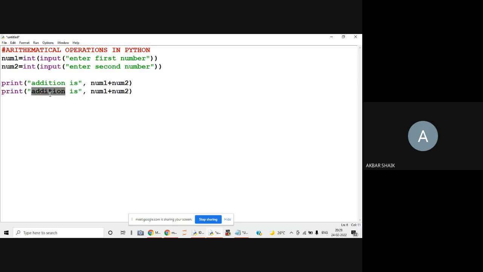Next, subtraction is number one minus number two. Next, multiplication is number one into number two. Next, division is number one by number two.